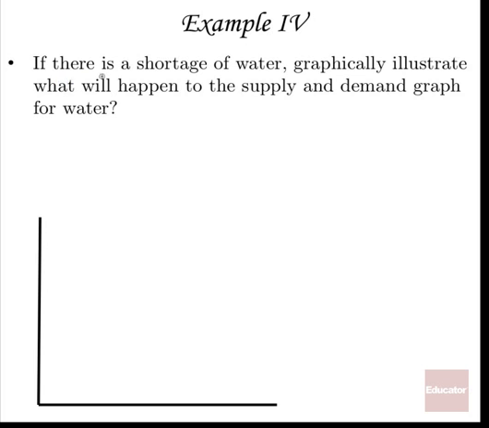Example number 4. If there's a shortage of water, graphically illustrate what will happen to the supply and demand graph for water. All right, let's go ahead and take a look. So here's the demand for H2O, quantity, and the price.